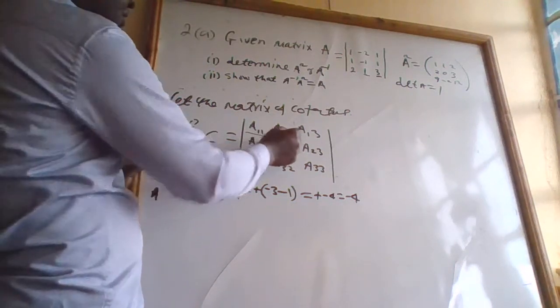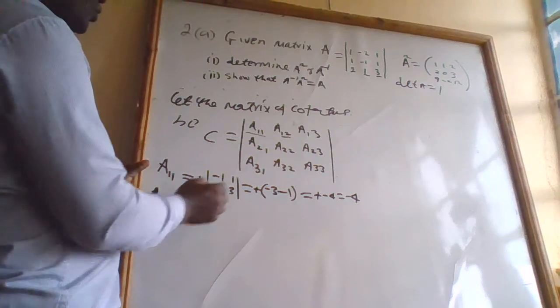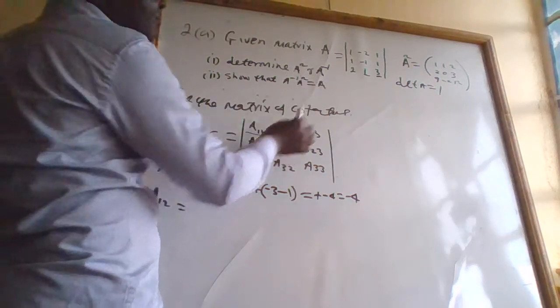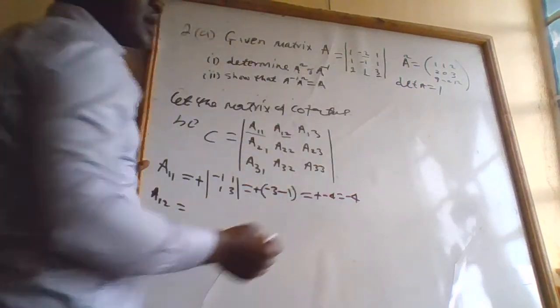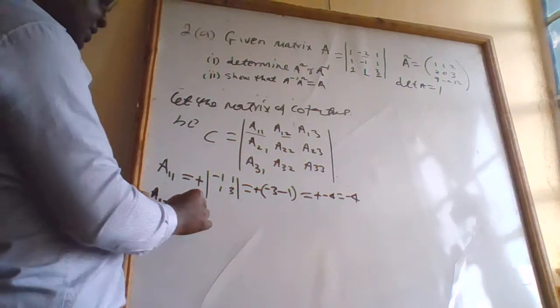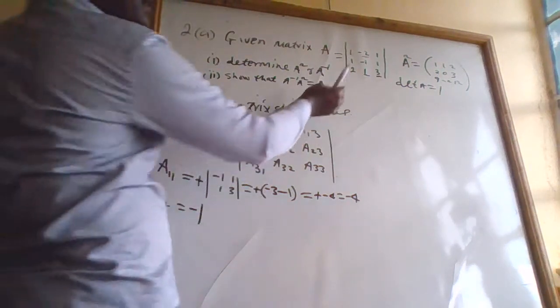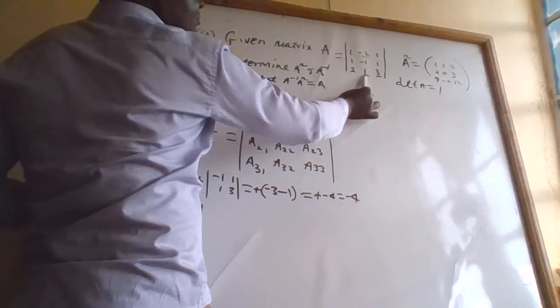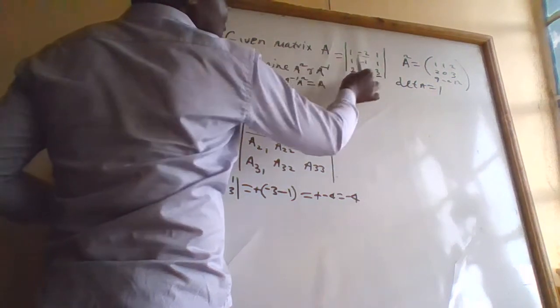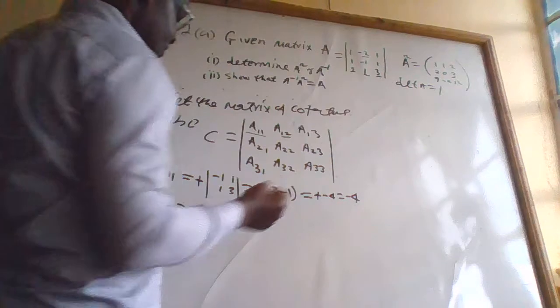Now get A12. The place sign of this element is negative, and then the minor of this element, we remove this column and this row, so we have 1, 1, 2, 3.